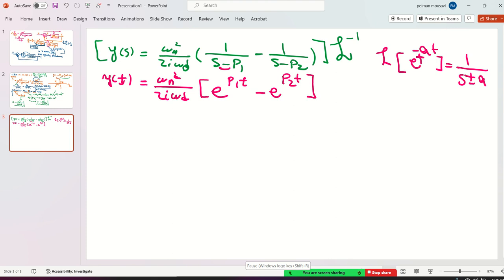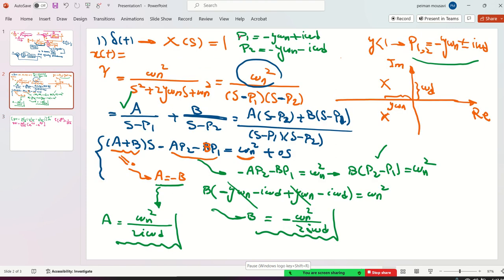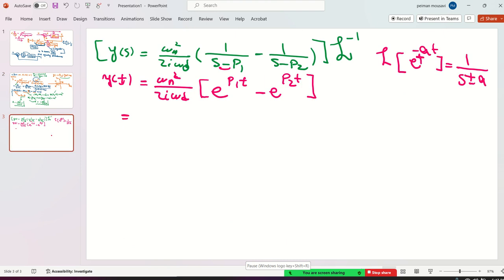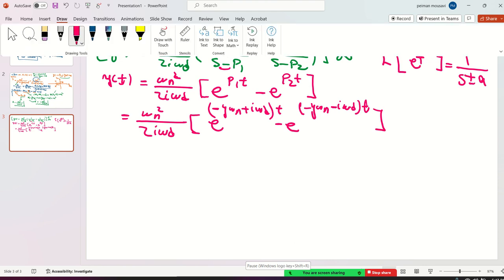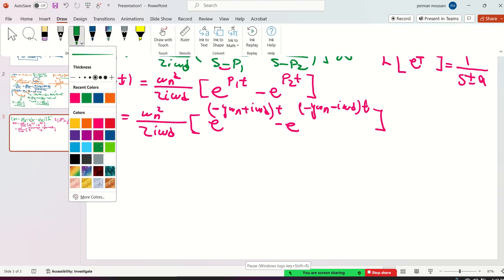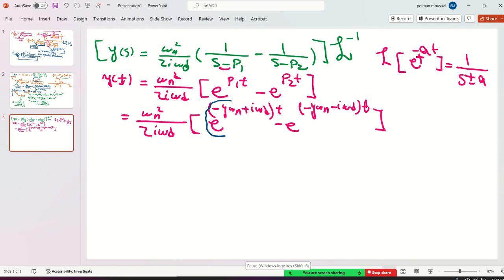So what is p1? We have it here, and p2. So if you replace here, omega n squared over 2i omega d times e to the (minus zeta omega n plus i omega d) t minus e to the (minus zeta omega n minus i omega d) t. We can factor out, for God's sake, from high school, this e to the minus zeta omega n t from both sides.